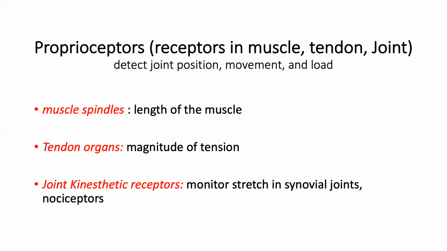Muscle spindles measure the length of the muscle. The tendon organs measure the force magnitude of the tension, and joint kinesthetic receptors measure the stretch in the synovial joint, and we also sense the nociceptors.